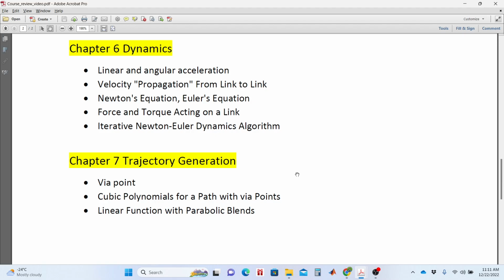And at the end of this course, we actually learned another method, like linear function with parabolic blend. We actually did it for trajectory with a linear function with two parabolic blends.